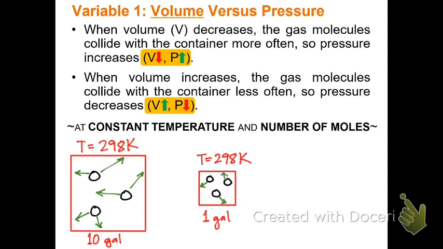Because we decreased the volume, the frequency of collision here would increase relative to the 10-gallon container, because it takes a shorter distance for these molecules to reach the walls. And because of the increase in frequency of collision, pressure increases.